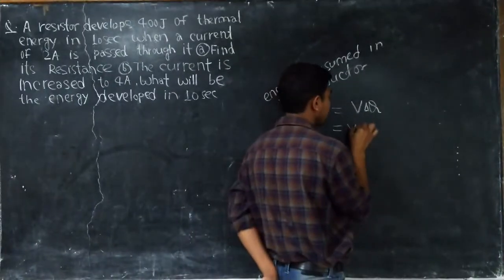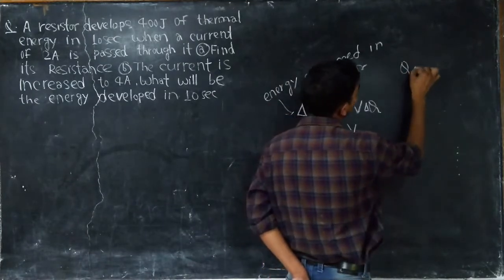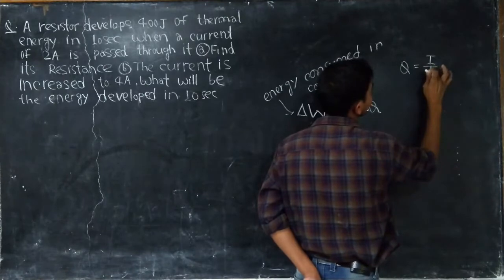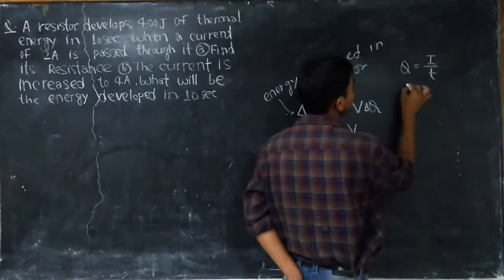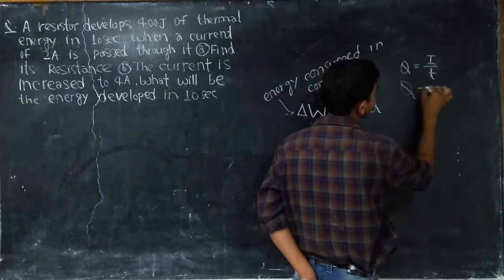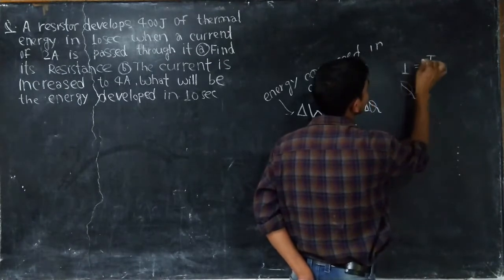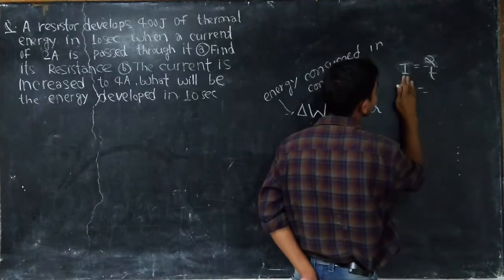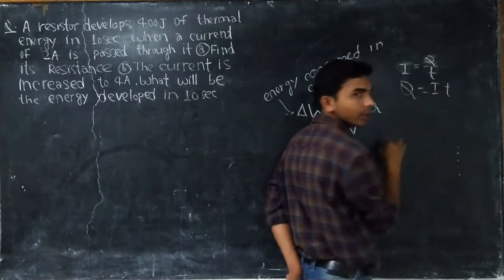So further we can write it. Delta Q is basically, Q is equal to I T, right? So from here we can write I is equal to Q by T, so Q is equal to I into T, right?